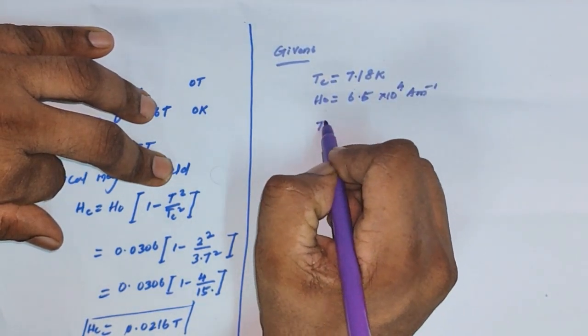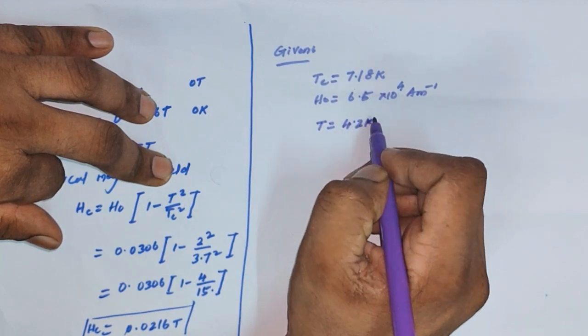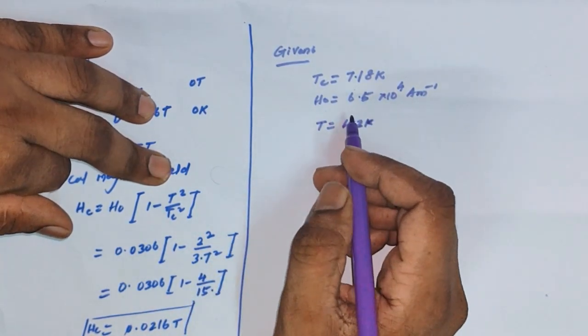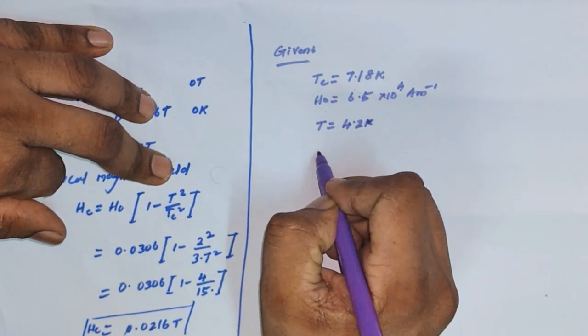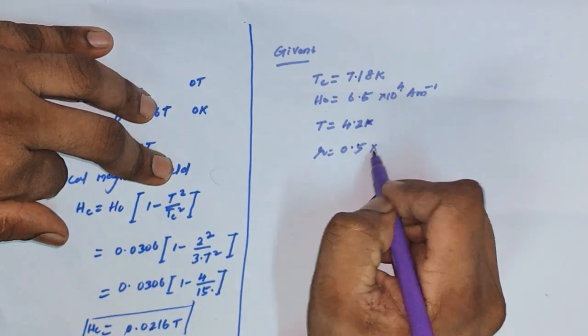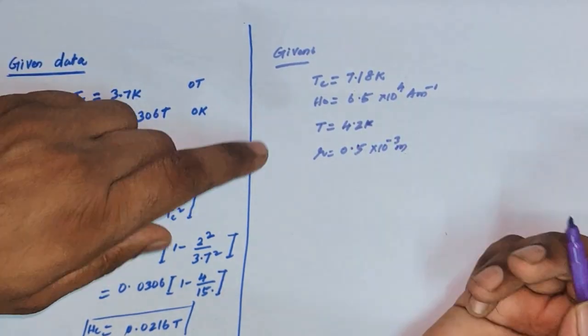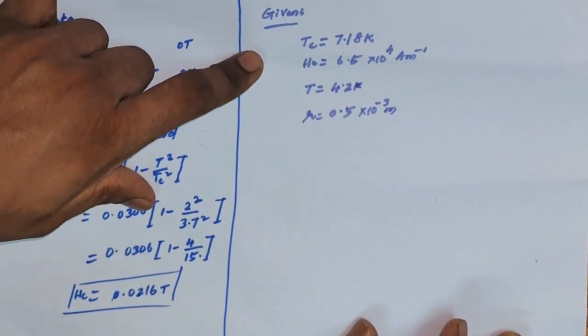Then the temperature is 4.2 Kelvin, at which we want to calculate the critical field. Then the radius of the wire is 0.5 × 10^-3 meter. So these are the four quantities given.